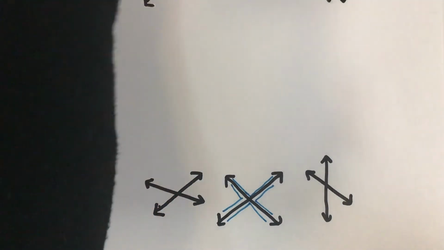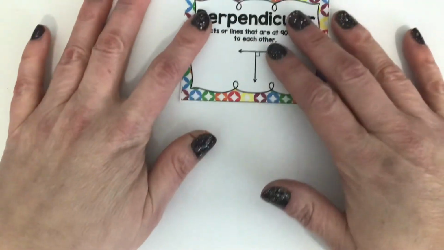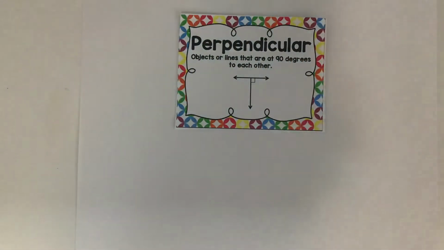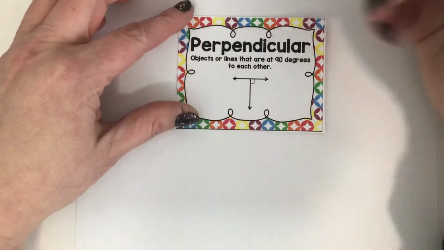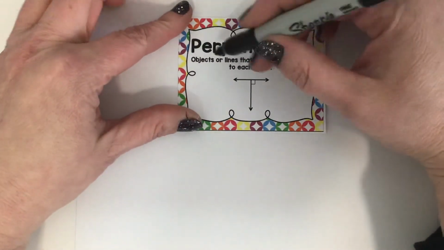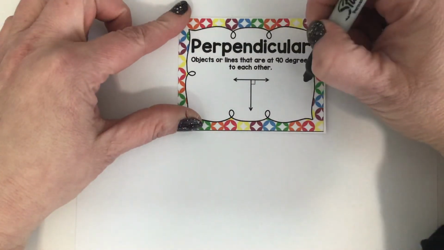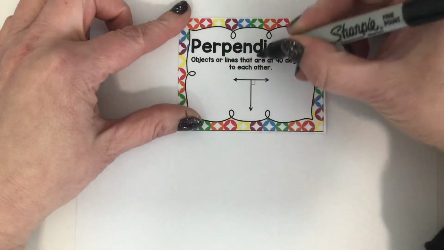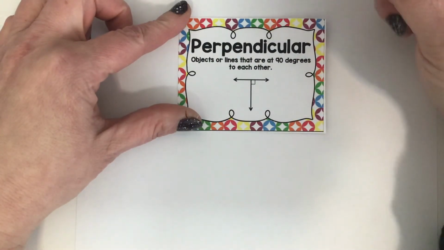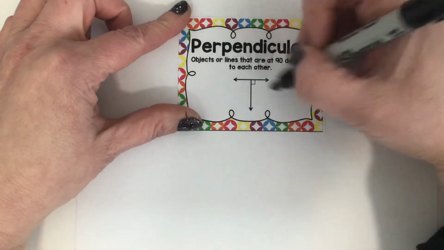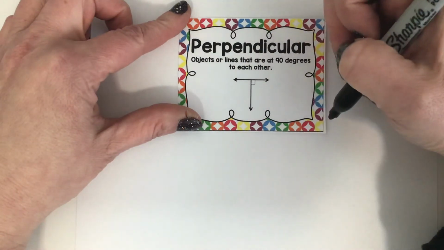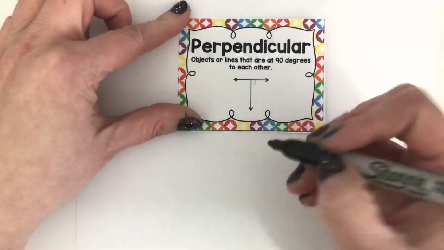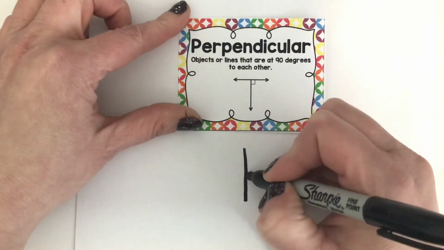Last one, perpendicular lines meet at 90 degrees. Put your hands in the air with me, right? Here's perpendicular lines. What's special about perpendicular lines is we usually have one line that is going straight across horizontally and one line that is going straight vertically. That makes a perfectly square angle at 90 degrees.